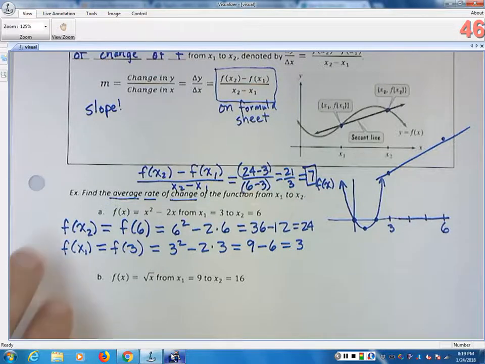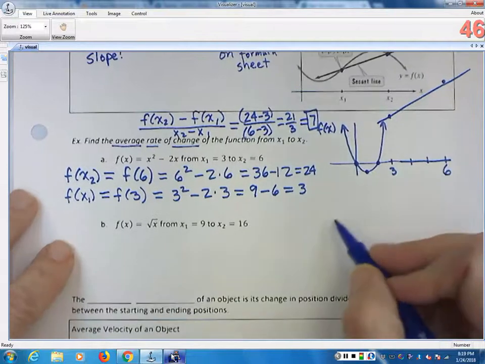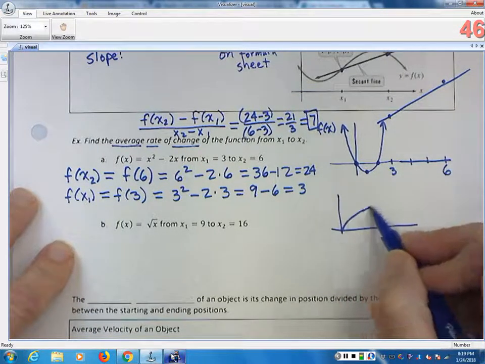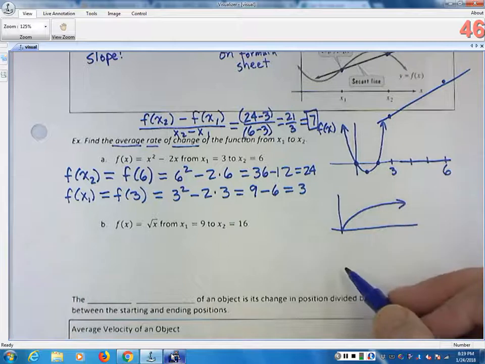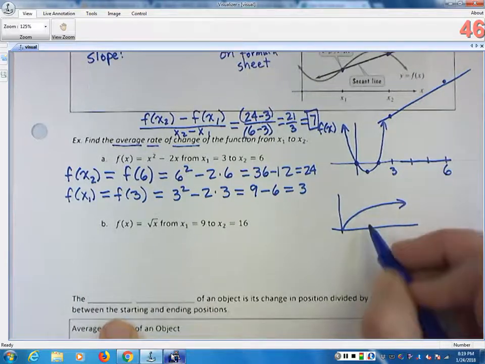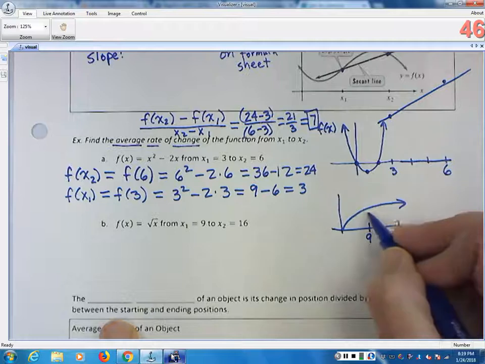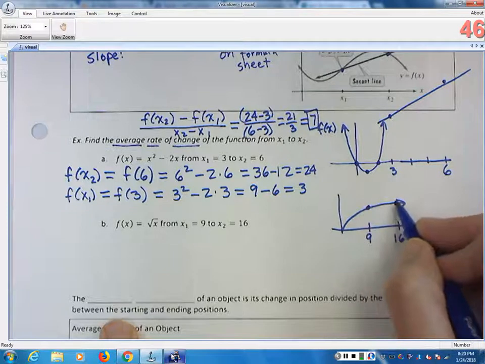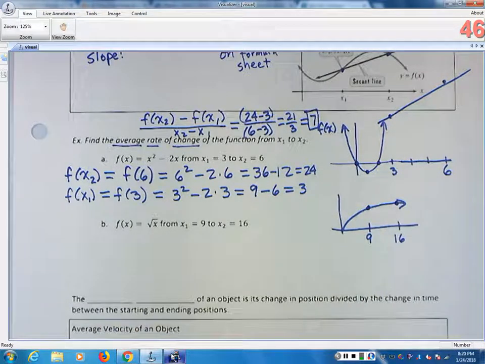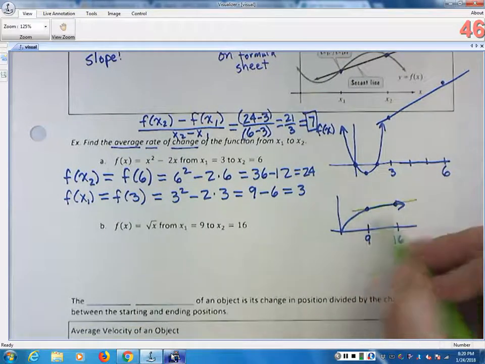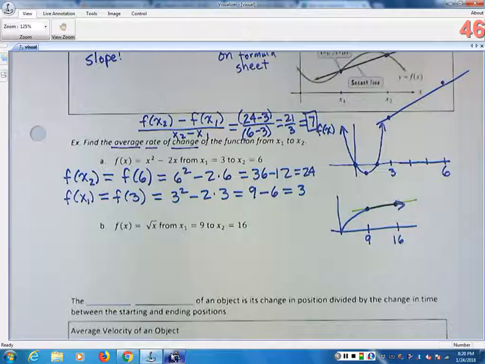The next one is the square root function, a little easier to draw. Square root function. And let's say this is 9 and this is 16. So here we have it. So the slope of the straight line through 9 and 16 is your average rate of change.